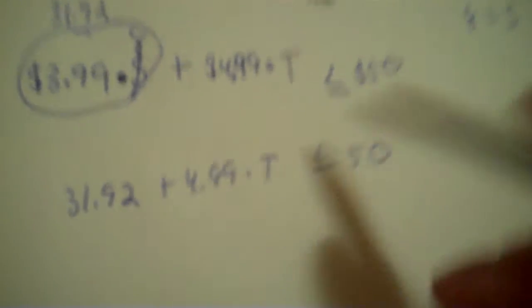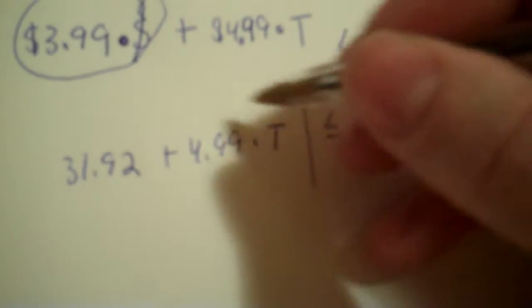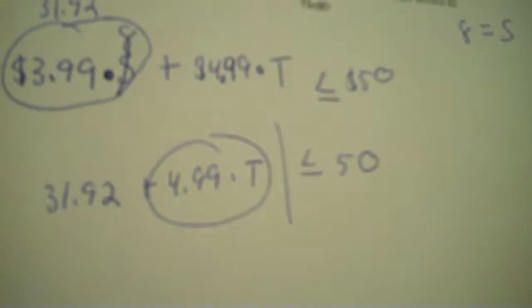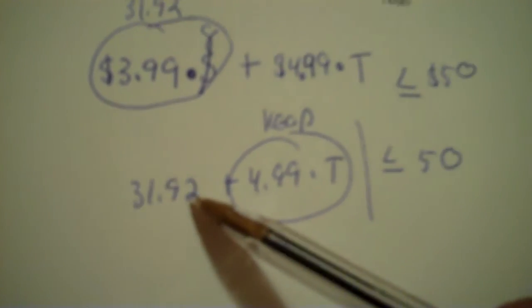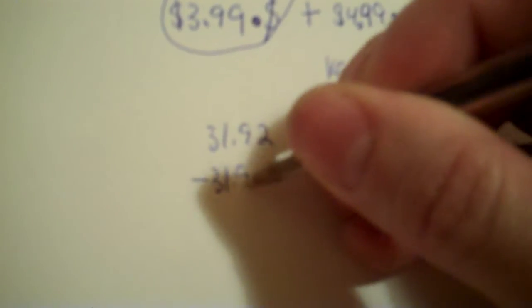Now we can solve for the T, the 3 Musketeers, okay? So make your wall, you got plus and times, highlight the times, but it's positive, so I will keep the sign the same. But I do have to take out the $31.92, okay? So I'll need to subtract $31.92.